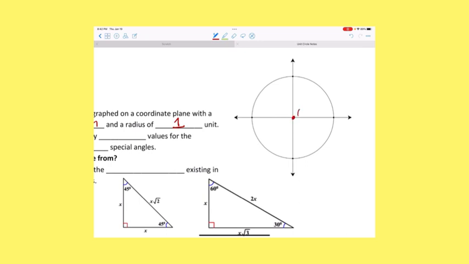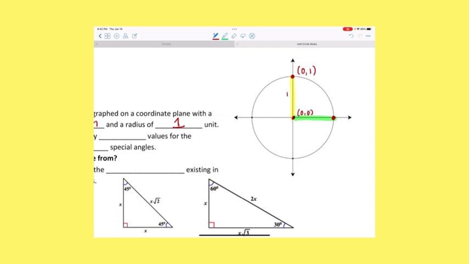Again, here's our origin, the center of our circle at 0, 0. And if our radius length is 1, then the coordinates at this point here would be 0, 1. Not moving along the x, just going along the y. Or let's say the coordinates at this endpoint here. Again, that's a radius length of 1.